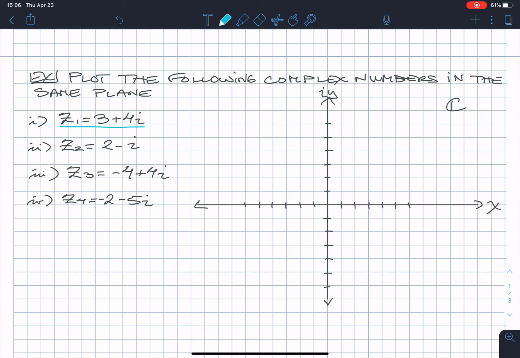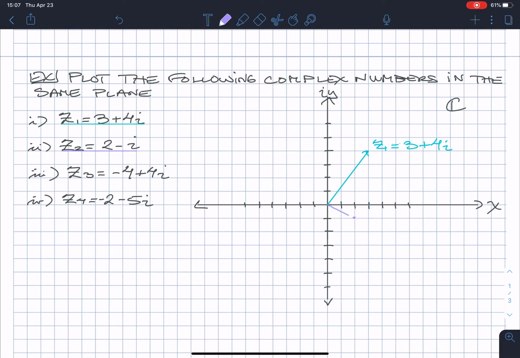So Z1 is 3 plus 4i. So that means I go to the right 3 and up 4, and that is the terminus of that quote, quote vector. Now let's look at z sub 2, which is to the right 2 down 1.